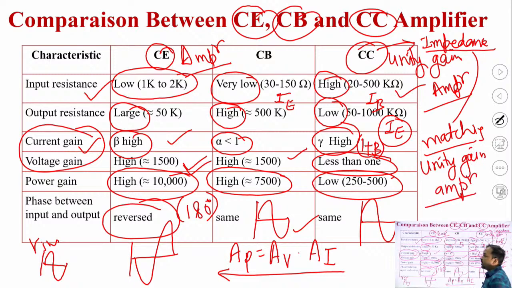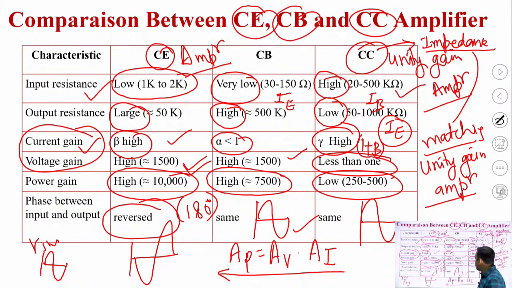The impedance matching circuits are basically used to match the output impedance of the first stage with the input impedance of the second stage. In this situation, if the impedance of the first stage is matched with the impedance of the second stage, the maximum power will be transferred from the first circuit to the other circuit if they are connected in a cascaded manner.